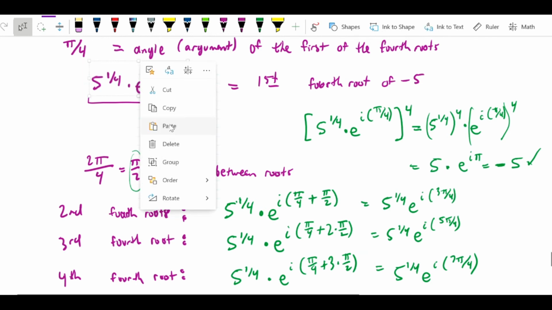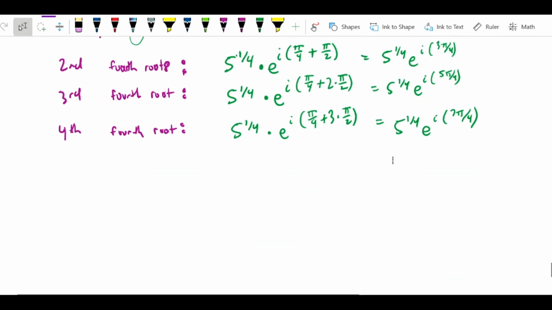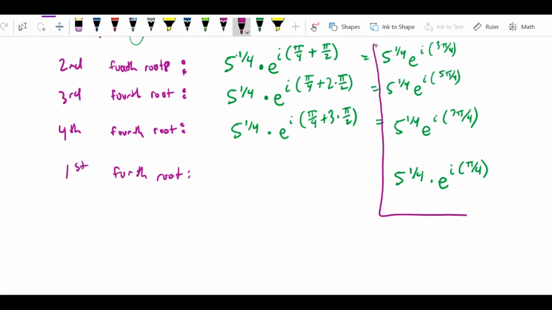So I'm just going to copy that and bring it down so that we can see all of the roots in one place. This one, I'll just label it. This was the first fourth root, and that's there. And these are now the 4 fourth roots of -5.